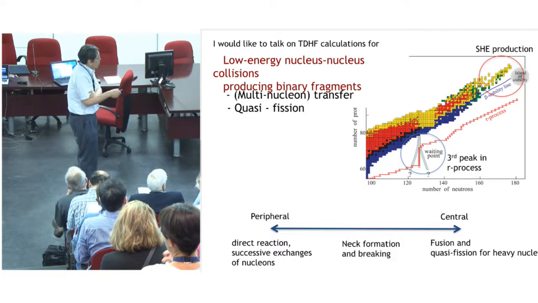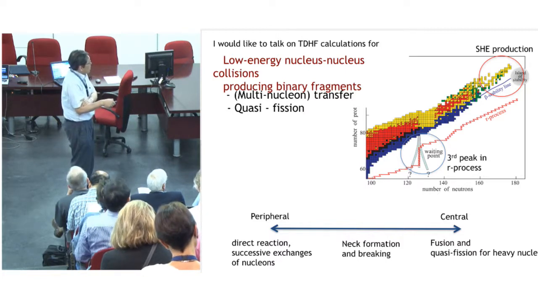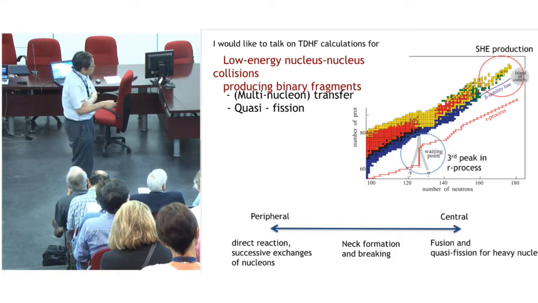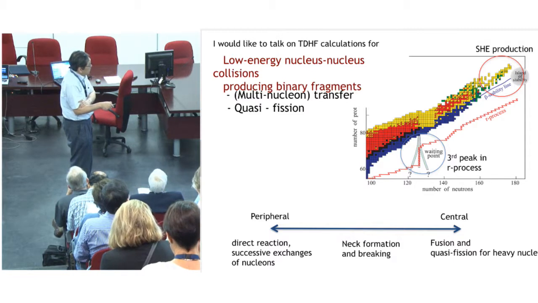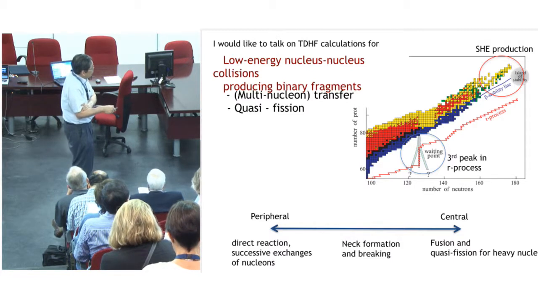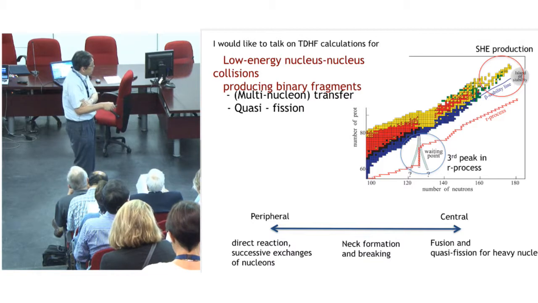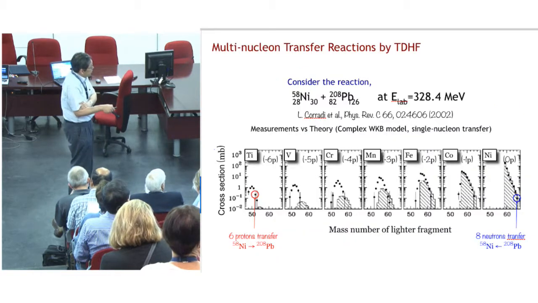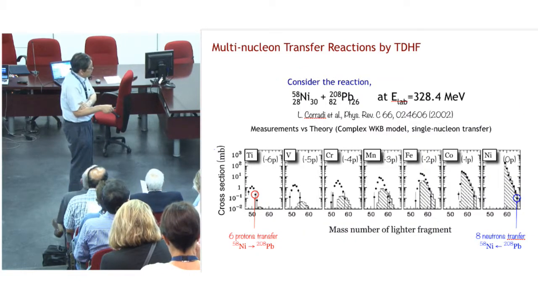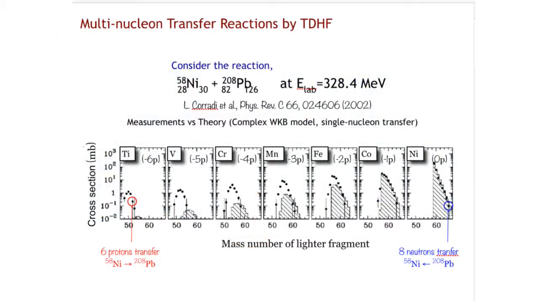So, okay, let me first tell about the description of multi-nucleon transfer by time-dependent Hartree-Fock. So I choose one specific reaction, nickel and lead-208 at the energy of 328 MeV. For this reaction, there is a measurement of the multi-nucleon transfer some time ago.